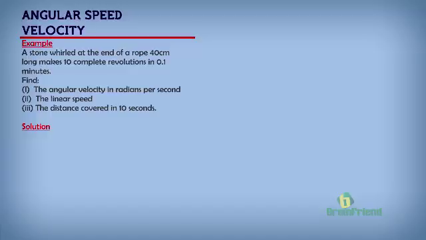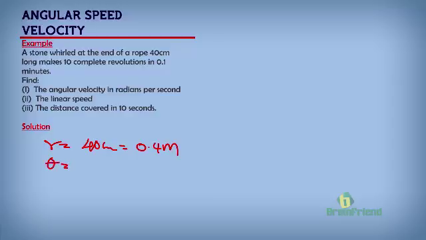Now, we will first of all write out what we have been given. We have been given the radius to be 40 centimeters, which is 0.4 meters. And we have been given the angular distance.